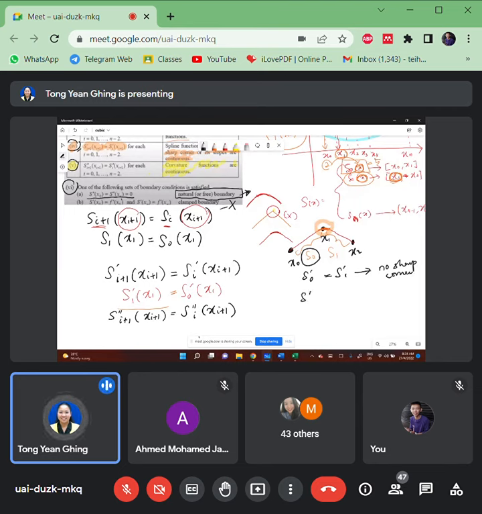If we do the second derivative and equate these two, that means this curve is continuous.